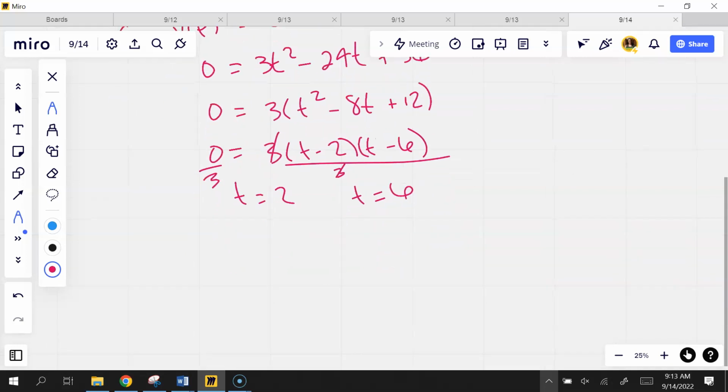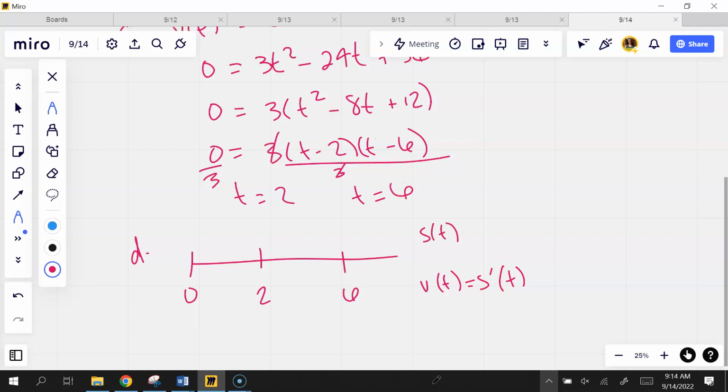When is the particle moving forward? So now I have to do my little sign chart. Okay, well, here's 0. I can't be less than 0, so that's the smallest I'm going to start with, and I'm going to include 2 and 6. Velocity sign being on the bottom, which is just the derivative of position, and up top would be my position.